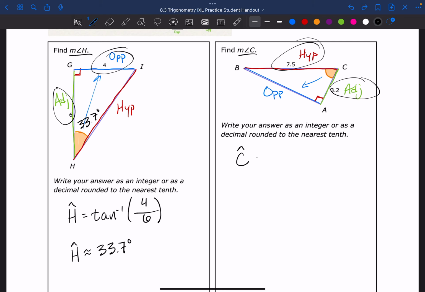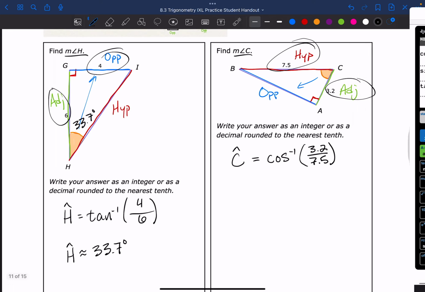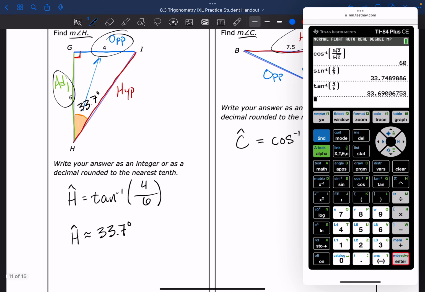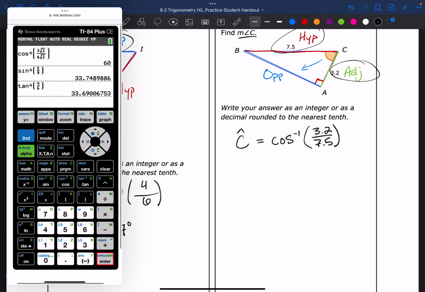So this is equal to the inverse of cosine 3.2 over 7.5. And now I just need to get my calculator to approximate that. So actually I'm going to move it over here. There we go.